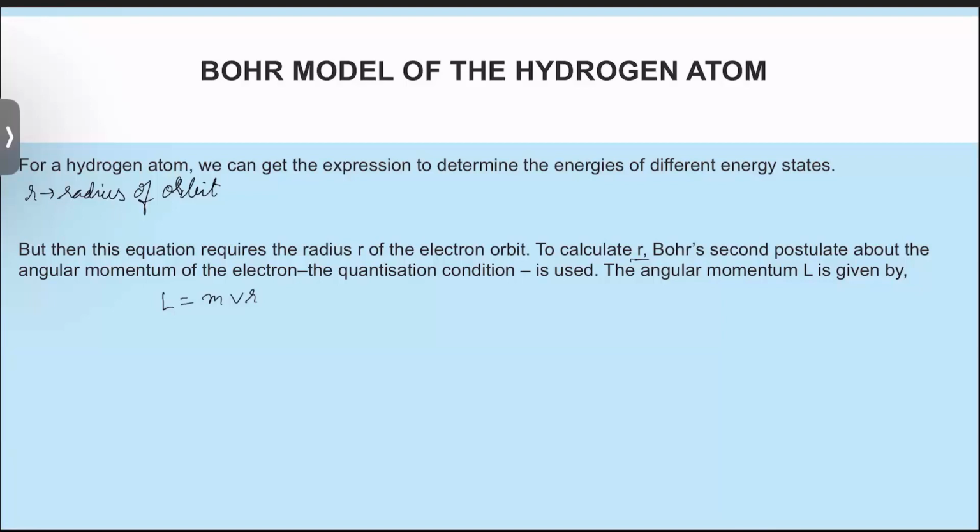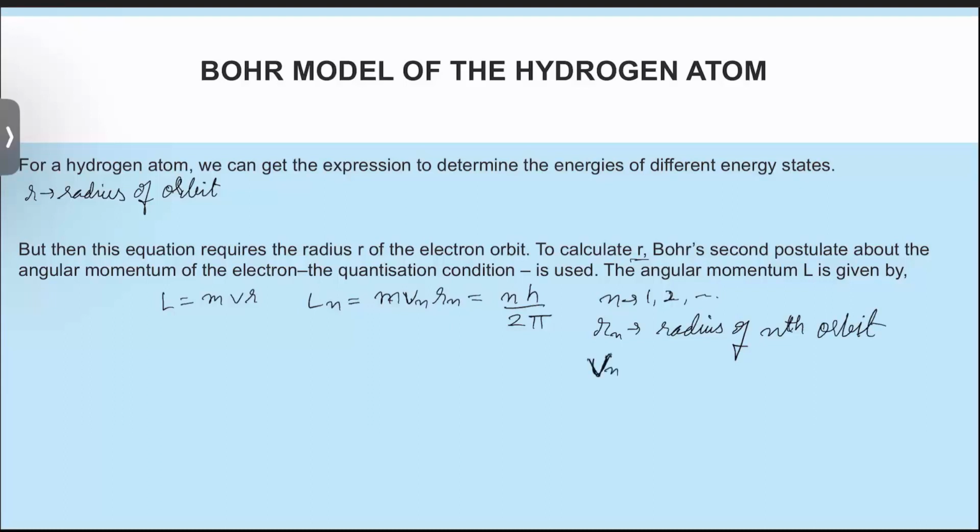If we want to find the angular momentum, Ln is equal to m vn rn of the nth state, and that will be nh by 2 pi, where n actually varies from say 1 to 3. rn is the radius of the nth possible orbit, and vn is the speed of the moving electron in the nth orbit. As we said, n can vary from 1 to 3.